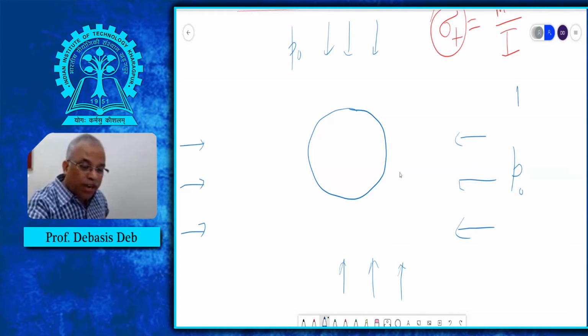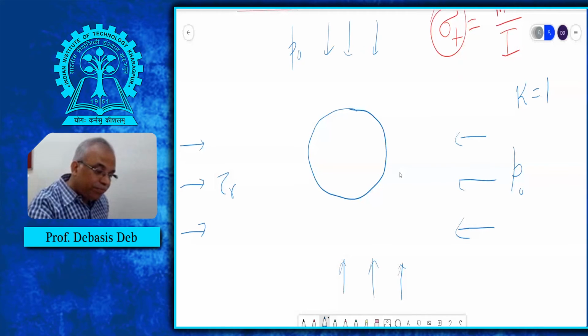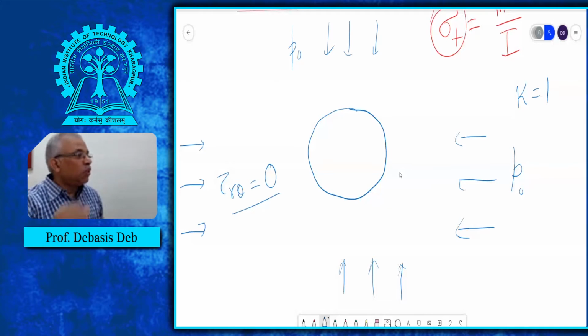So K equals 1. This is the scenario. Now, if you remember, if K equals 1, then what happened to tau r theta? Can anybody tell me? What happened to tau r theta if K equals 1? It is 0. So tau r theta is 0.